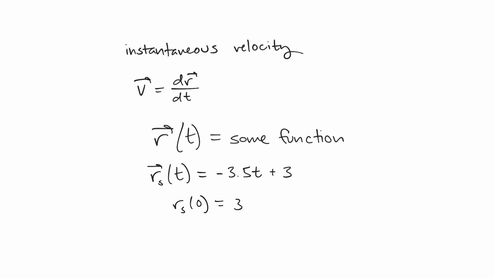Negative 3.5 times 0 plus 3 is 3. And then if we take it again at 2, which was our second time where we observed the sloth, you'll see that negative 3.5 times 2 plus 3 is negative 4, which is where our sloth ended up. So that function accurately describes the position of the sloth at a particular time.